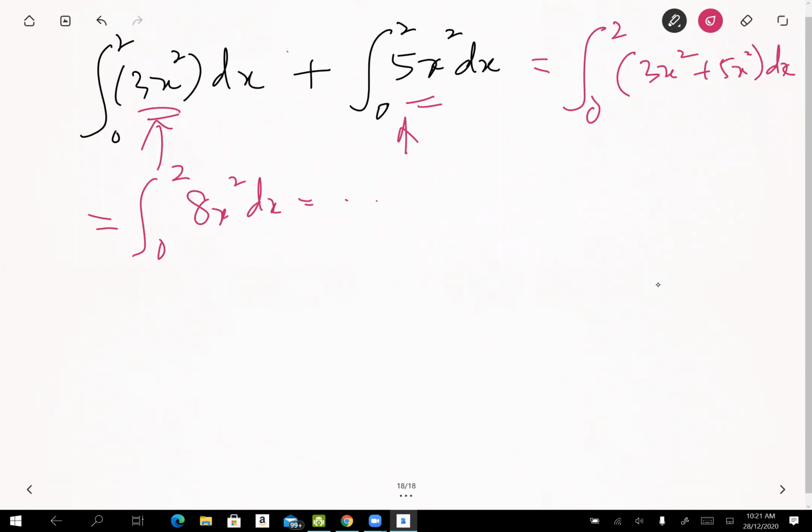So what is it? It's equal to 0 because you are integrating over the same point. So there is no area. In other words, it's just equal to 0.